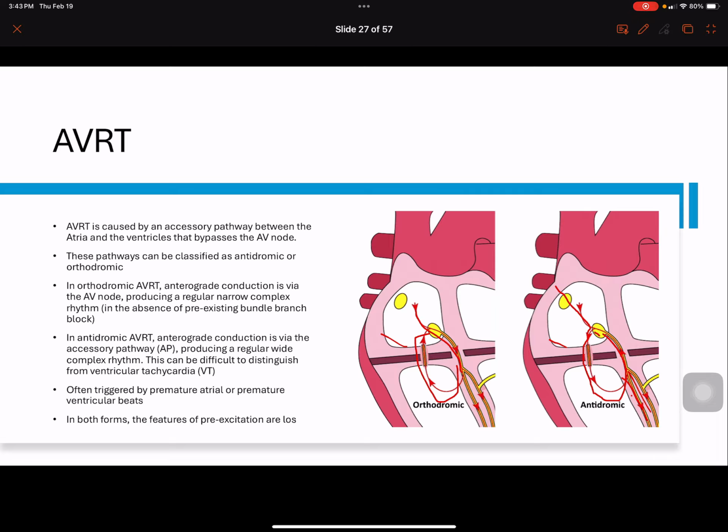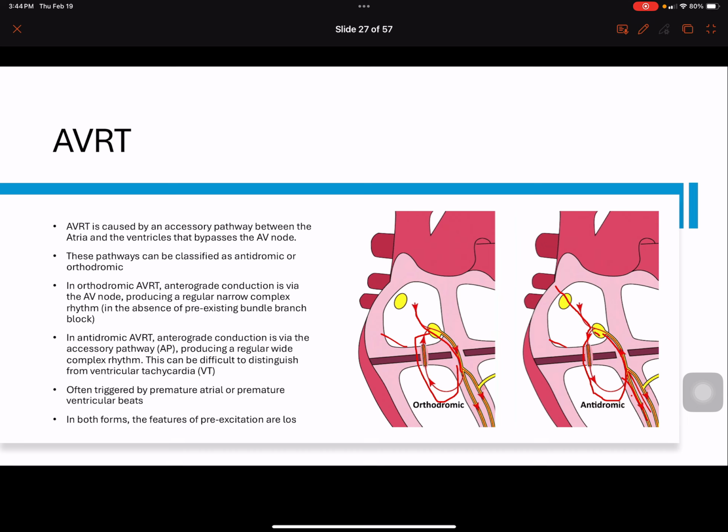And that's called antidromic. Orthodromic, what we call anterograde conduction via the AV node, produces a regular narrow complex rhythm. And there's no bundle branch block. And sorry, I think that's supposed to say wider complex, because these are what we classify as narrow complex tachycardias, but they're a little bit wider.